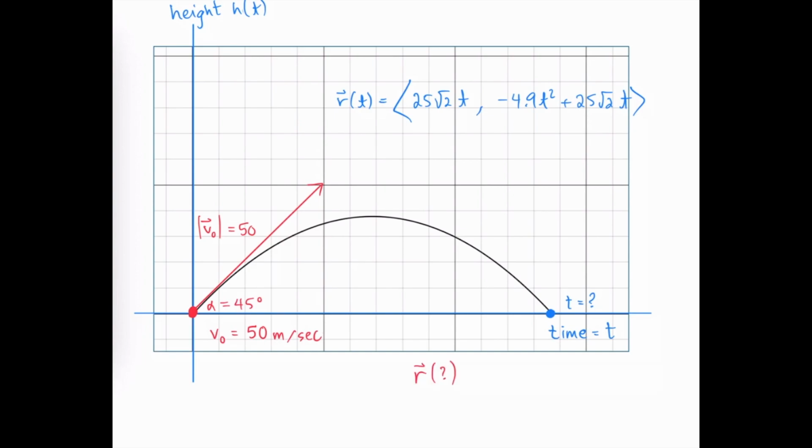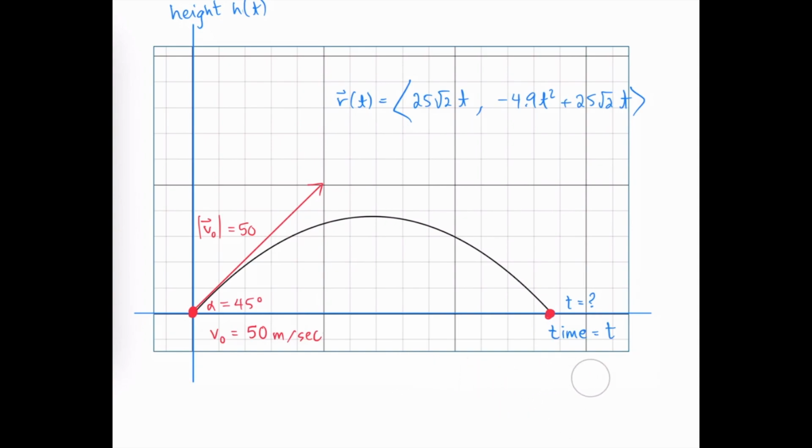Now, what do we know about this point in time? Whatever the value of time is that causes us to strike the ground, while we may not know how far out it is, we do know that the y component of that vector has to be 0, right? Because the vector function is going to have a terminal point that matches the components of the vector. The terminal point is going to have some x-coordinate and the y-coordinate is going to be 0.